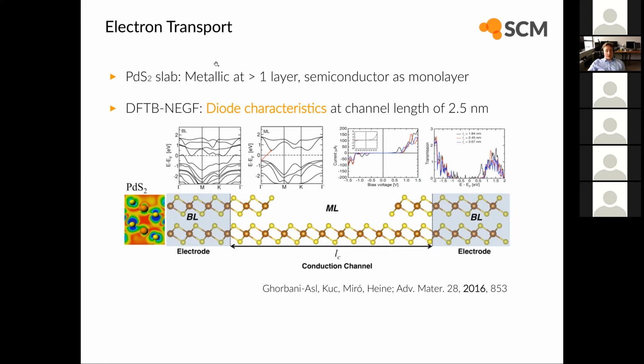So this has been exploited in this study. Basically, the researchers were looking at how an electronic diode can be realized out of this single material, out of palladium disulfide, and they found that after certain lengths of this monolayer channel, in that case it was 2.5 nanometers, that system then possesses the characteristics of an electronic diode, and basically allows to realize such a system out of a single material.